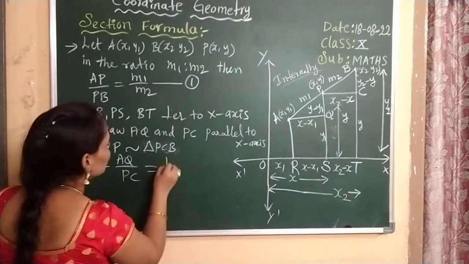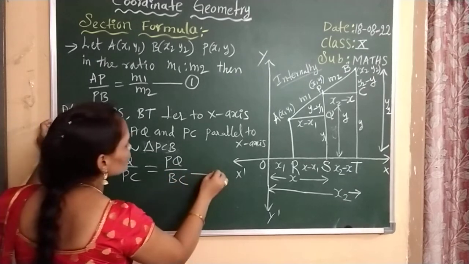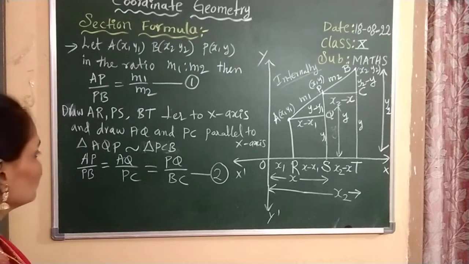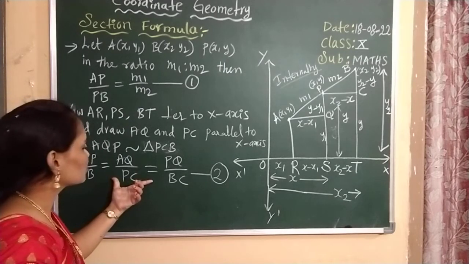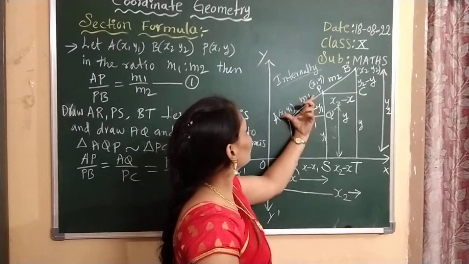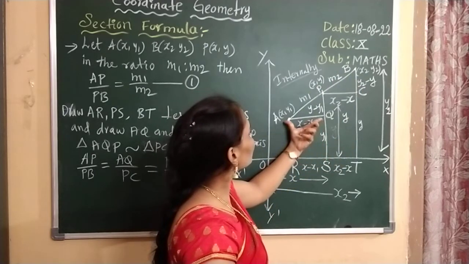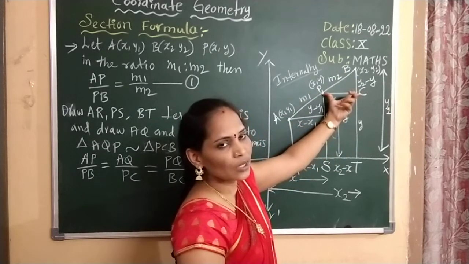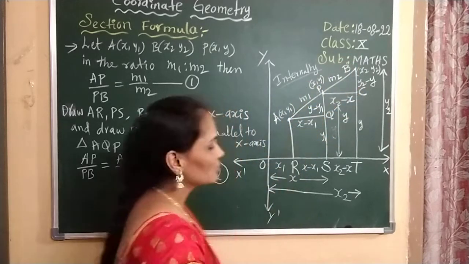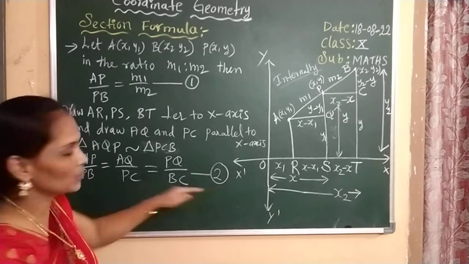Let us take this as equation 2. While you are writing this step, be very careful. See, AP by PB equals AQ by PC, which equals PQ by BC. That ratio, let us consider as equation 2.